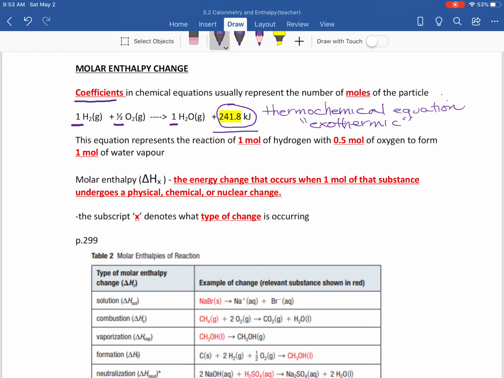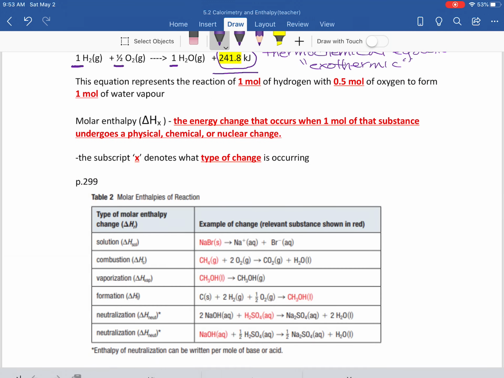All right. So piggybacking off of what we talked about in the earlier lecture, we've got molar enthalpy, and molar enthalpy is the enthalpy for 1 mole of a substance. So the energy change that happens when 1 mole of a substance undergoes some kind of physical or chemical change, or nuclear change.